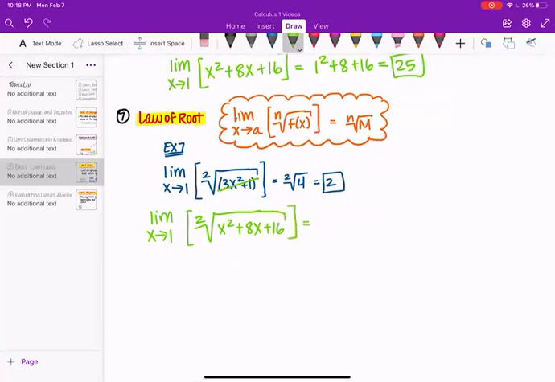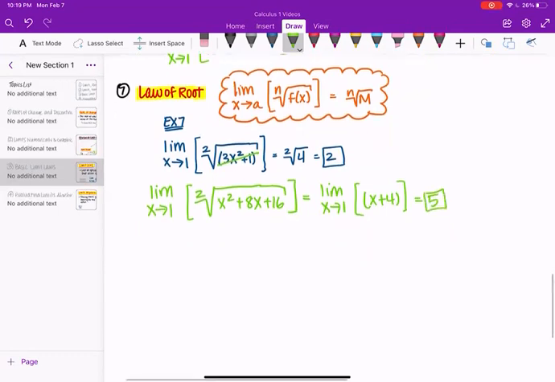And I evaluate the limit of that, I'll start by this first step, taking the square root of that function, right? So the square root of that function is x plus 4. So now I can take the limit as x approaches 1, and it's continuous, so I can plug in 1. 1 plus 4 is 5.